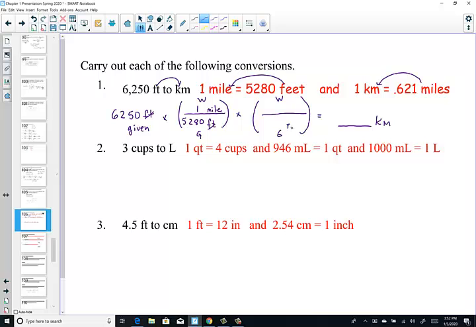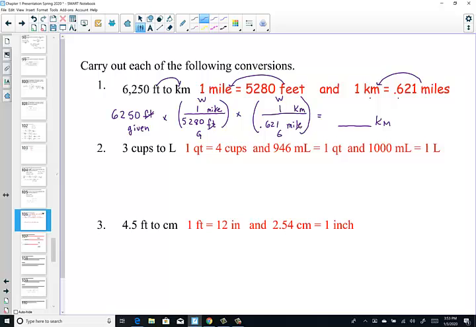Well, I want mile to then cancel, so it then goes on the bottom of the next conversion, and I want to end with the kilometer, so I place km at the top. And I found this conversion that the same 1 kilometer is equivalent to 0.621 miles. So now let's hit that. Notice miles cancel, and we're at a km, kilometer.